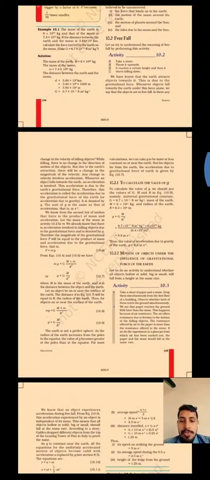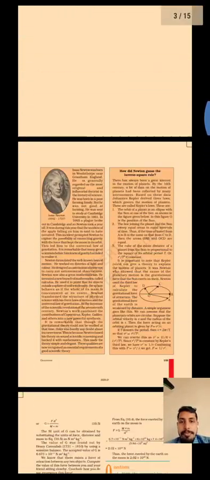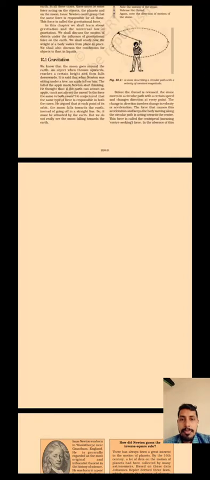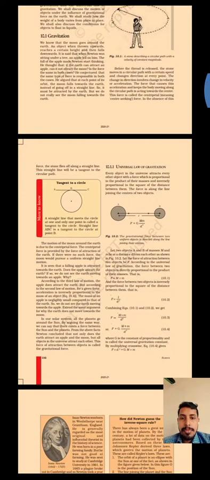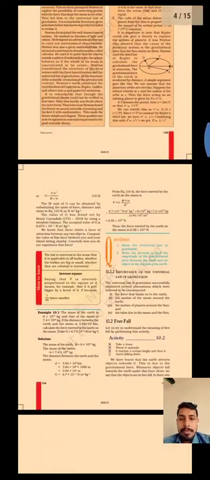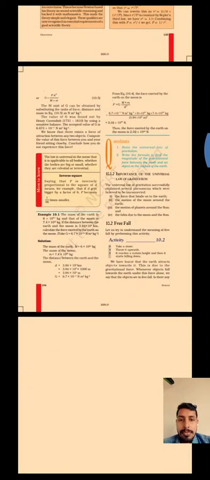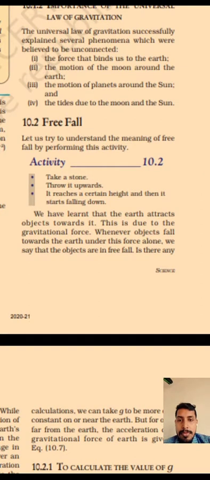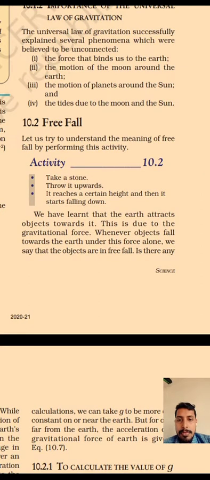Let the mass of the stone in activity 10.2 be... where is that 10.2? Okay, there is activity 10.2. That activity says to take a stone and throw it upwards. It reaches a certain height and then starts falling down.